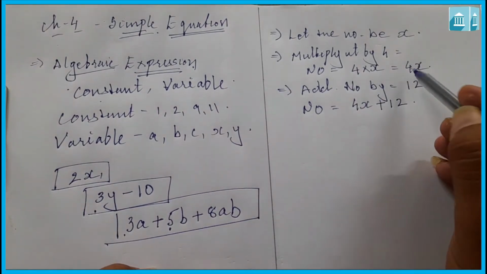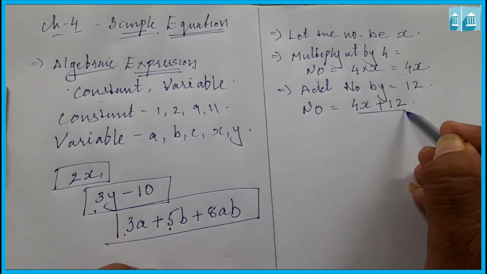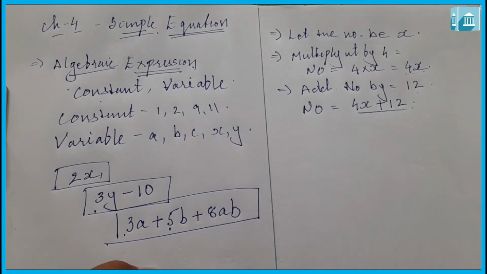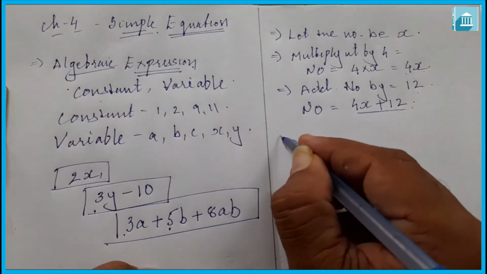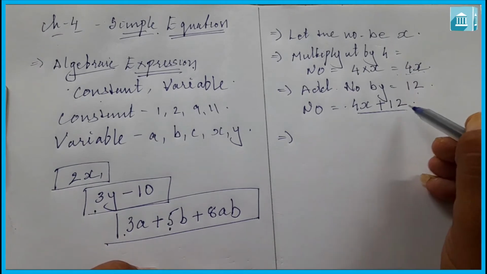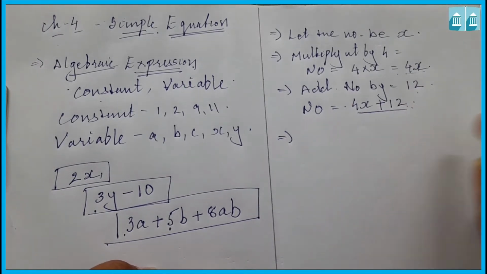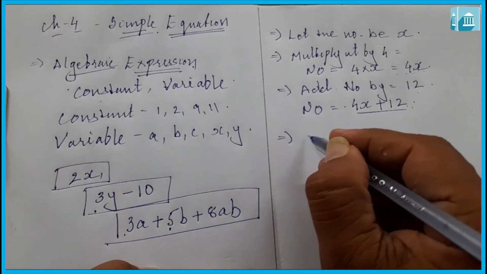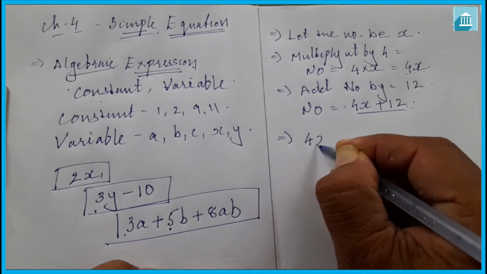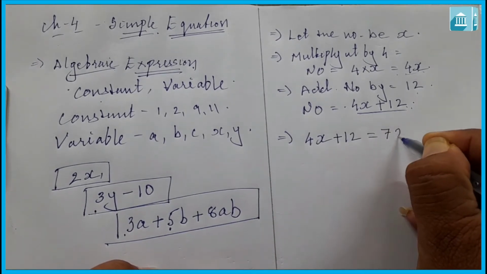So till now, 4x is an expression, 12 is also an expression, 4x plus 12 is also an expression. Now if I multiply that number by 4 and then add 12, the number will become 72. It means that 4x plus 12 is equal to 72.